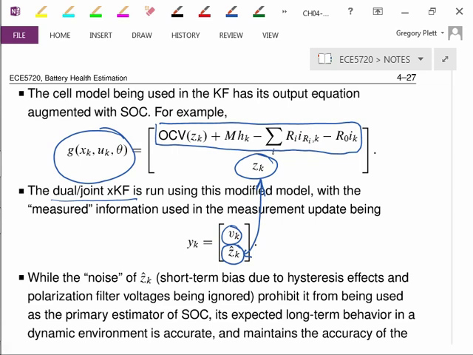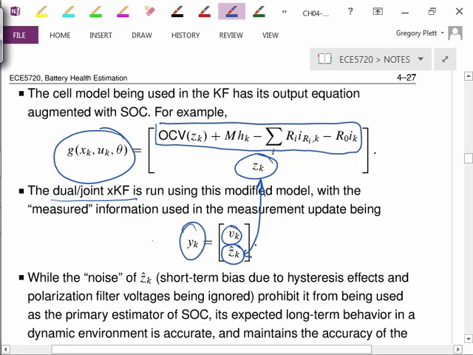And what this does is it makes a very strong coupling between y and x, especially inside of x. It makes a strong coupling with the state of charge state, and it keeps that state honest. And if we could fabricate other estimates of the other states, it would help keep those states honest as well.